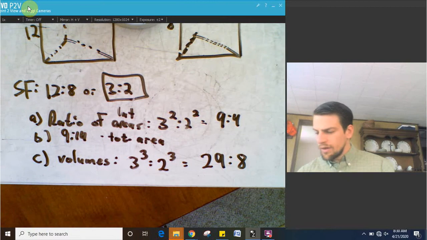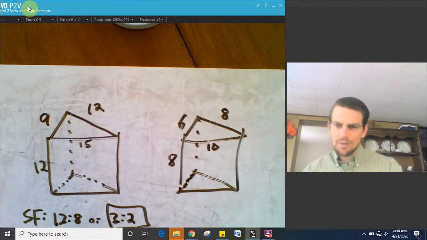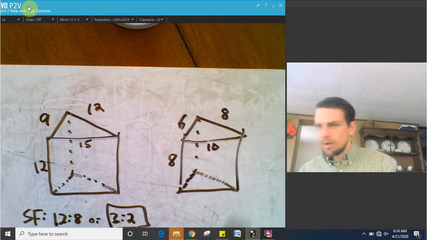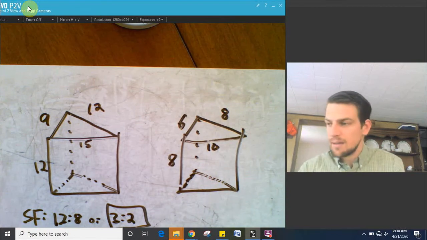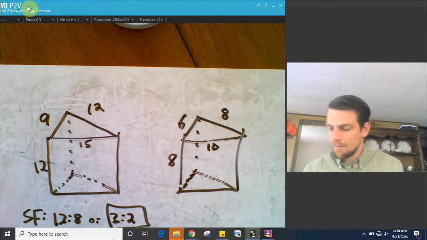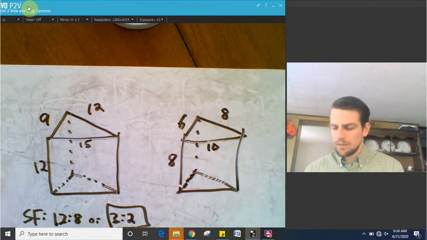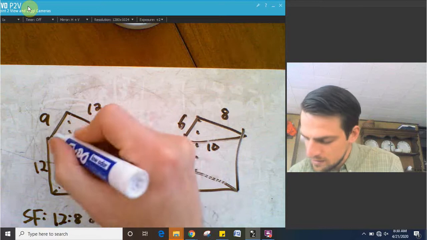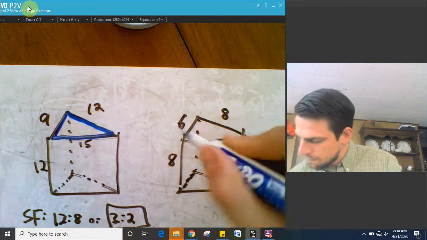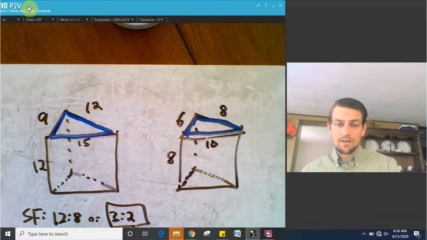Now, one thing I want to point out, and this example doesn't really give you that, so that's why I'm pointing it out, is part A of the theorem, that the ratio of the corresponding perimeters is going to be a to b, so it's the scale factor. And we could prove that with, say, this top triangle here. We could look at the perimeter of this face and find that those perimeters are going to have the scale factor as their ratio.